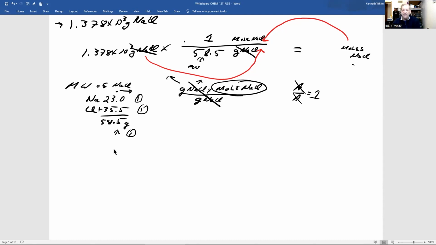Oh, wow. My calculator gives me this answer. And let me make a little room here.